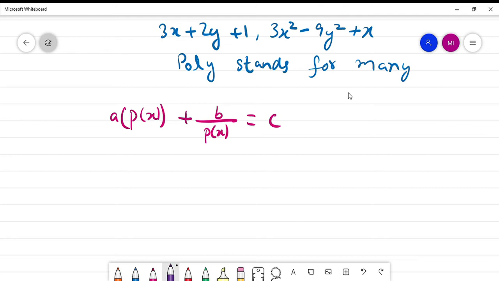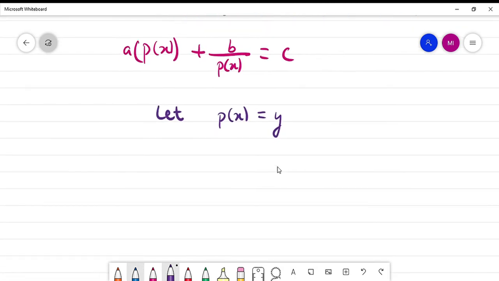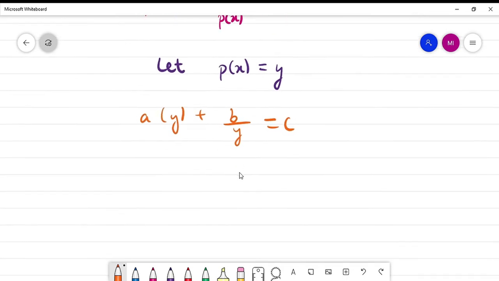So all we're going to do here is let p of x equal y. So we get a into y plus b over y is equal to c. So a into y is ay plus b over y is equal to c.